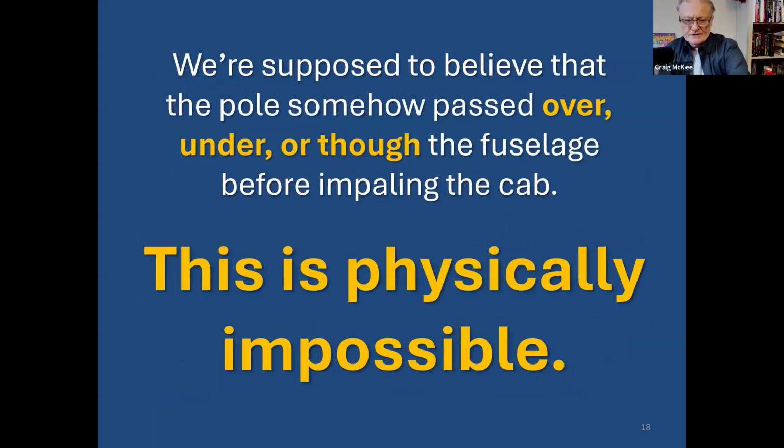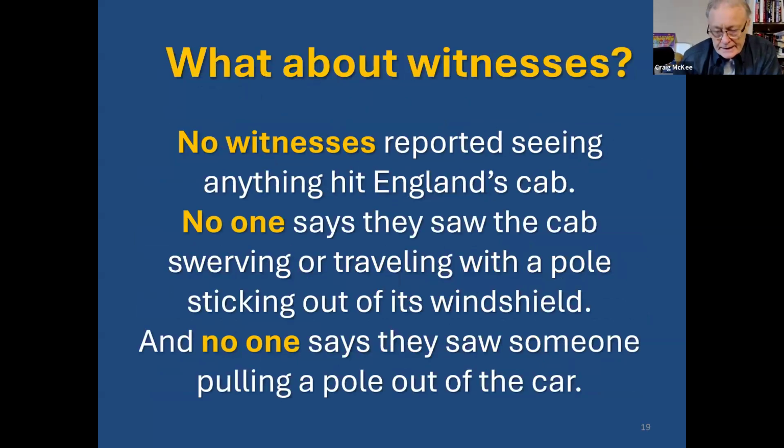It's either got to go over, under, or through the fuselage to do that. Again, more on that in a minute. There are no witnesses that saw anything hit Lloyd's cab. Nobody says they saw the cab swerving or a cab with a pole sticking out of it.